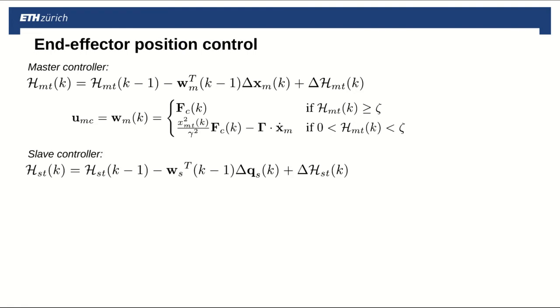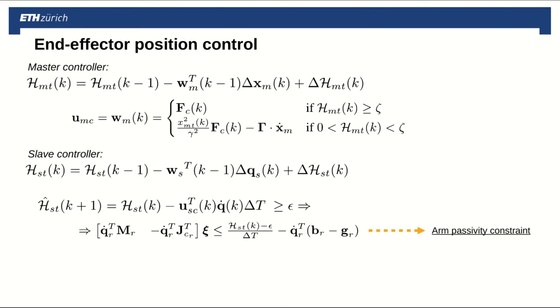While at the slave side, we first find an update equation for the energy left in the tank, and we impose that the energy that can be consumed by the control input is limited by the amount left in the tank minus a certain threshold.